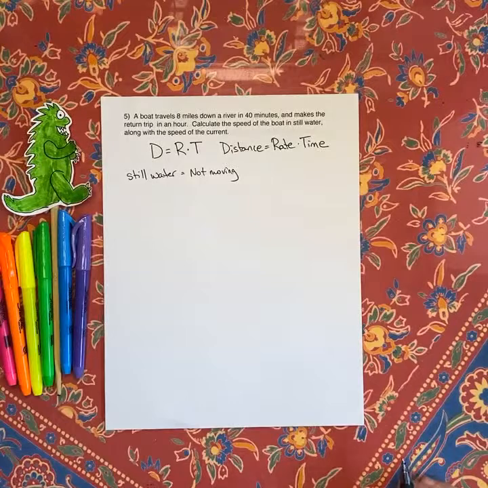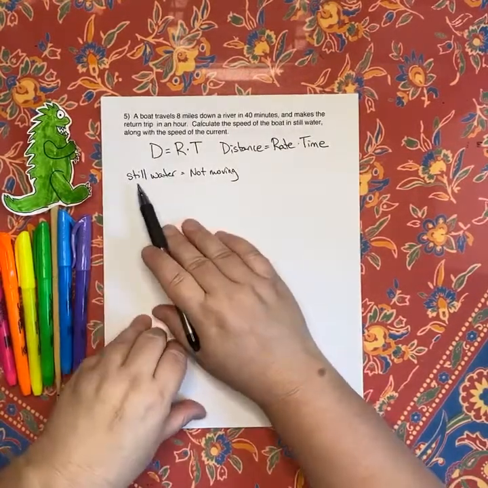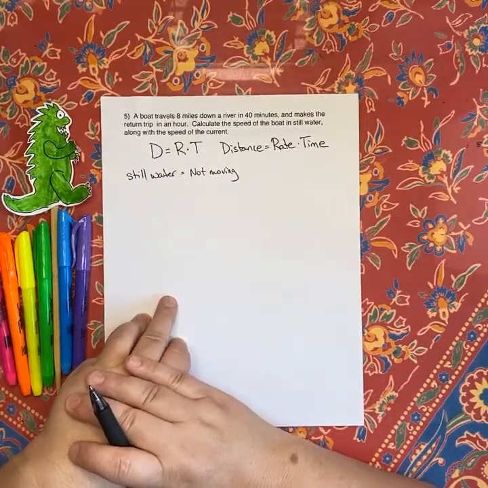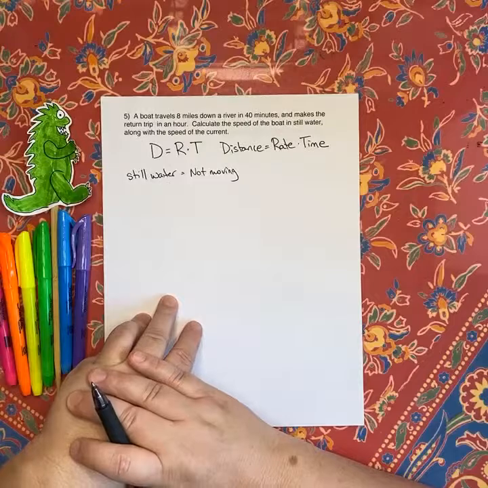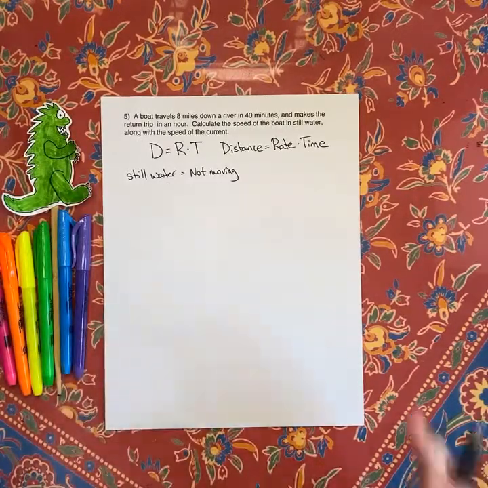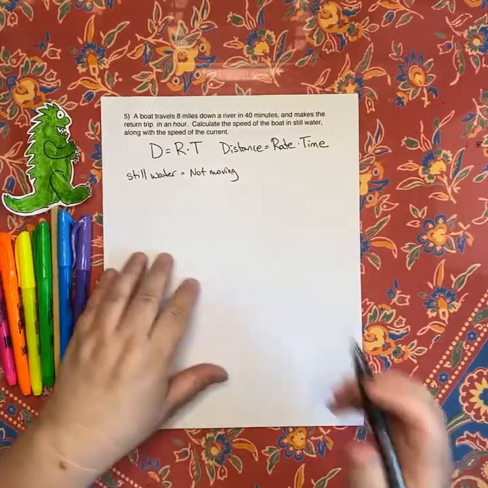Water flows downhill. So usually in a river there is a current, and the current goes in one direction for the most part. When we talk about still water, that's how fast the boat goes just by itself. If there's a current, that's going to change how fast it looks like the boat is moving.